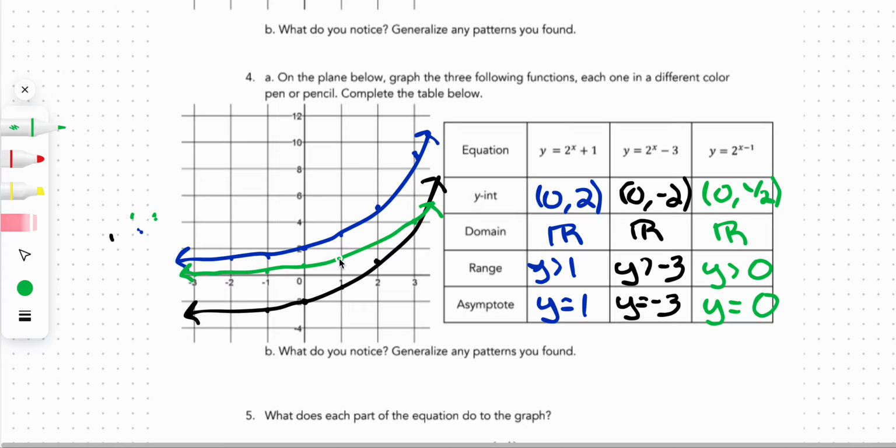If it was just 2 to the x, it would be here. Everything would be shifted to the right now. But if we were to revert it back to just 2 to the x, everything would be shifted to the left. I don't know if that makes sense. If you graph it on Desmos, you'll get the idea. Basically, what you should know is these values are vertically shifting the exponential function, whereas if you're affecting our exponent, now we're horizontally shifting our function.